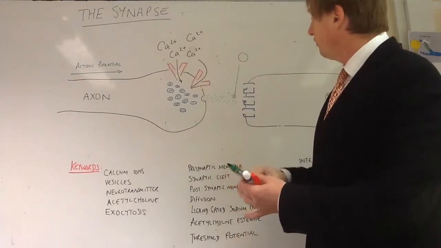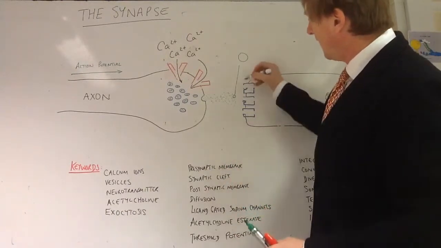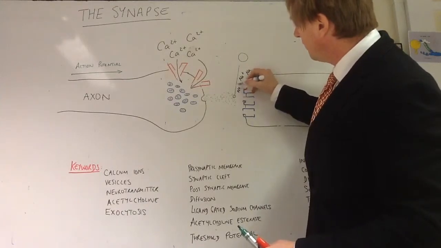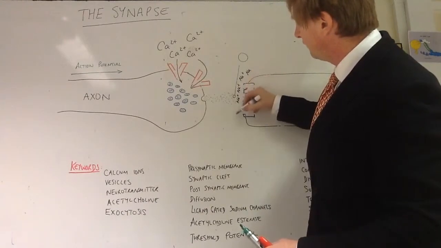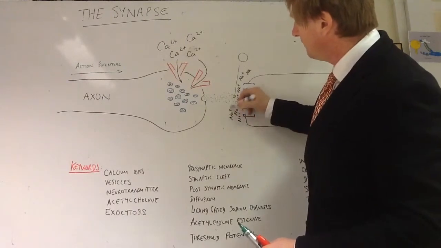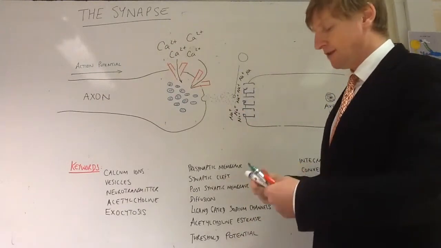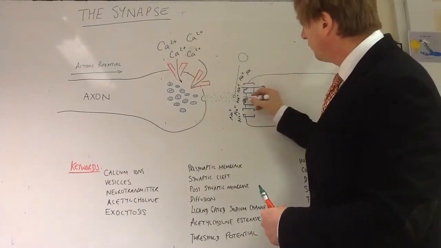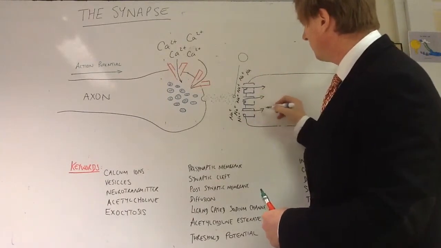And these are sodium channels. And so, as well as calcium ions being in high concentration outside cells, as we know through the sodium-potassium pump, sodium ions are in high concentration outside the cell. And the opening of these ligand-gated channels causes sodium ions to come in.